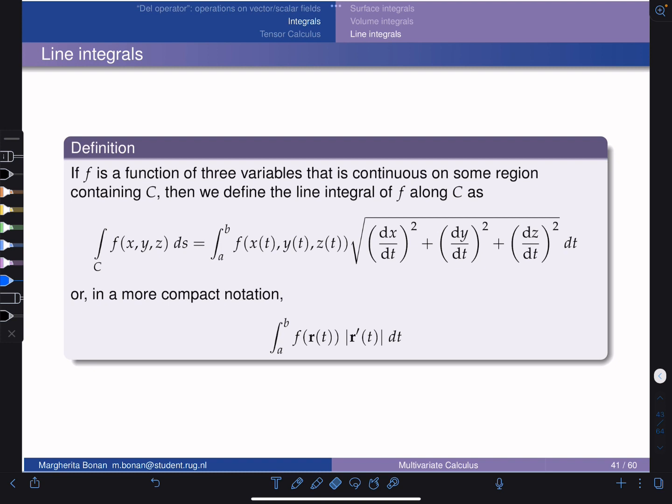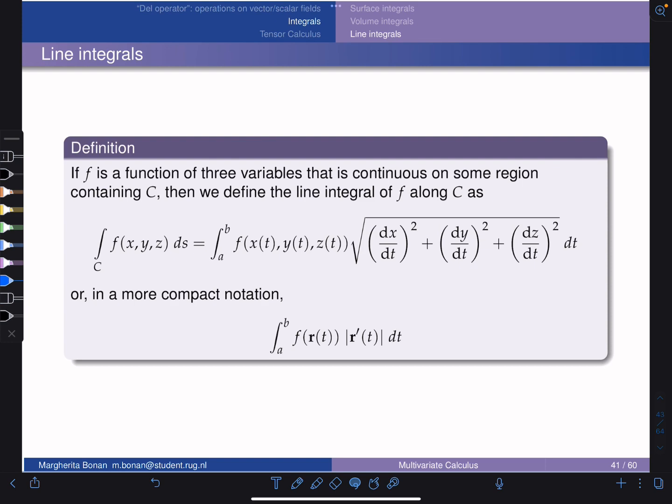In a more compact notation, we have the integral from a to b of f evaluated at r of t, with r of t being the parameterization, multiplied by the magnitude of r prime that we saw before, which is equal to this formula.